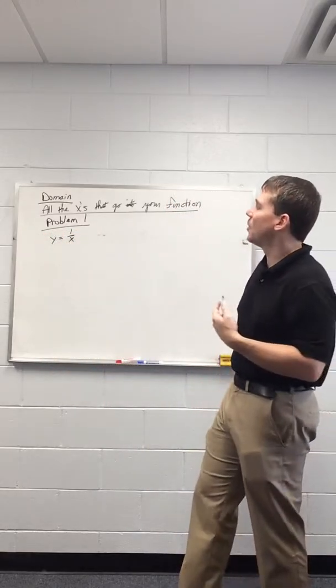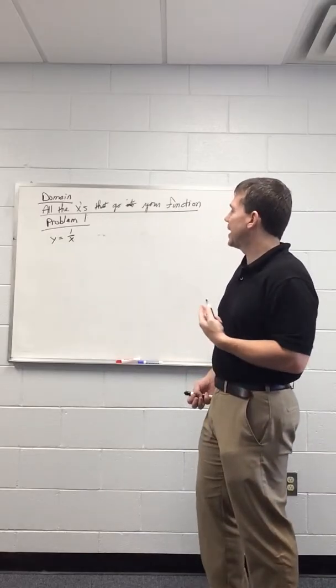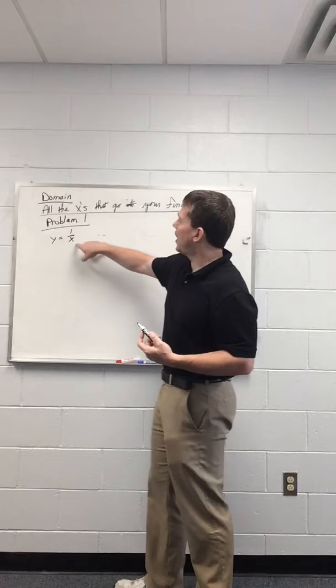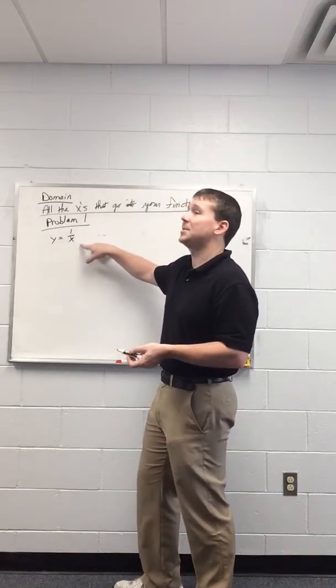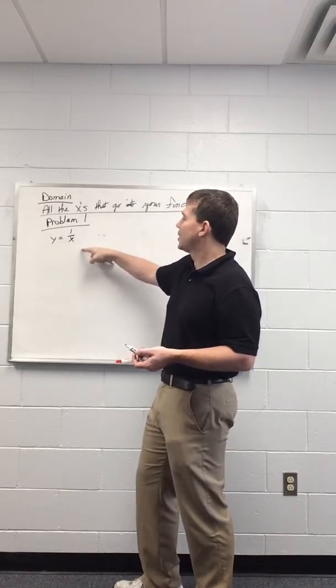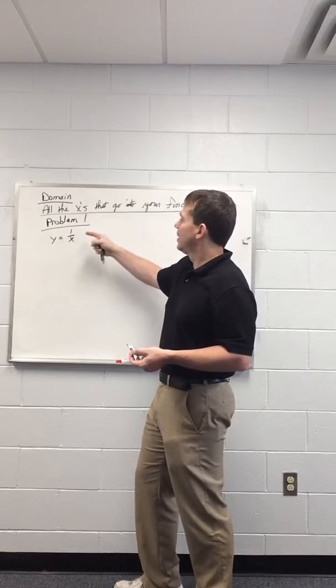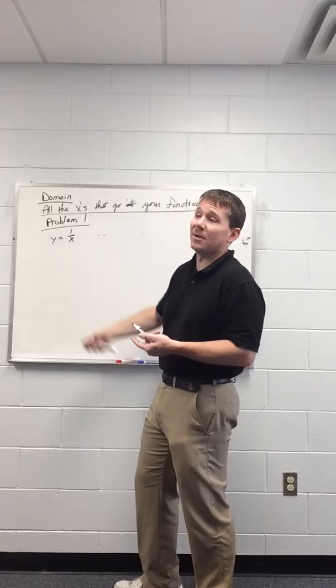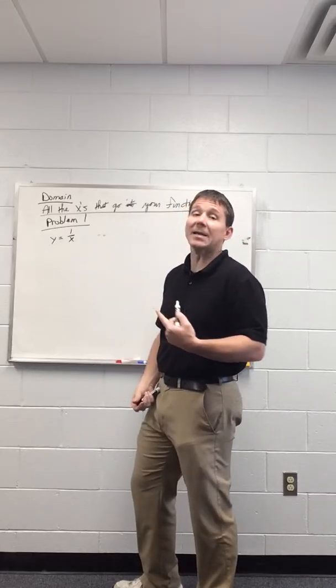So each x will give 1 y. Then I ask, are there any x's that cause a problem? If I put in a positive number, 1 over a positive number is just a fraction, so those are completely fine. If I plug in a negative number, I just get 1 over a negative number, which is a negative fraction. Those are fine.